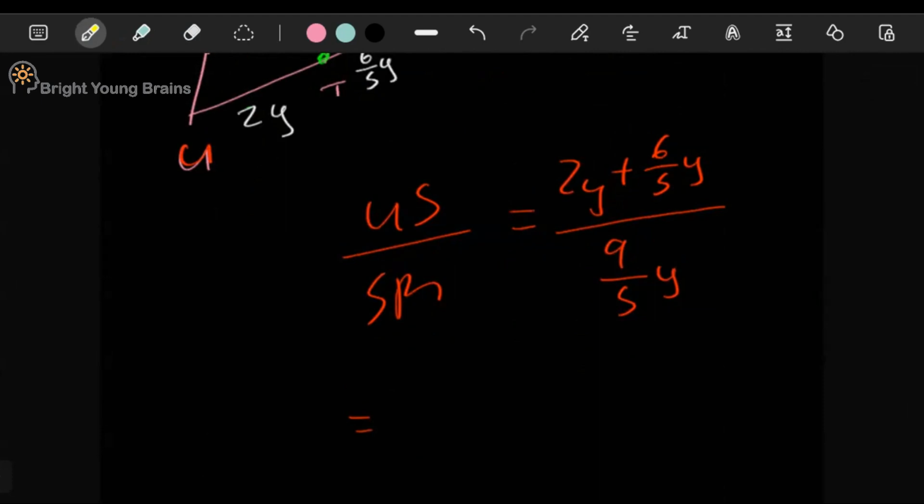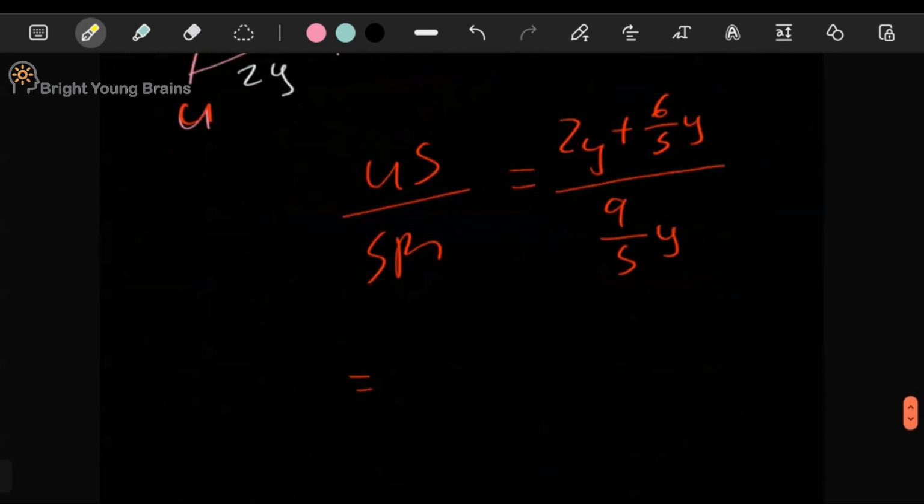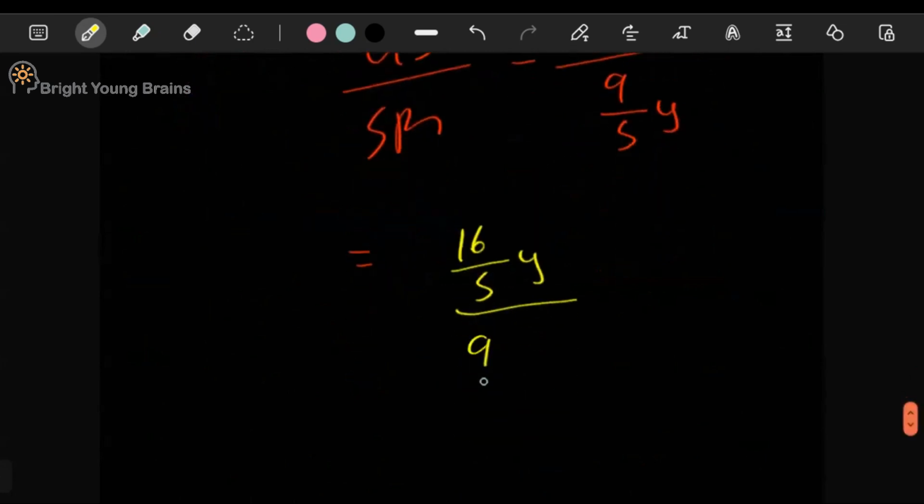So this is 2 plus 6 over 5. This is going to give you 16 over 5y over 9 over 5y.